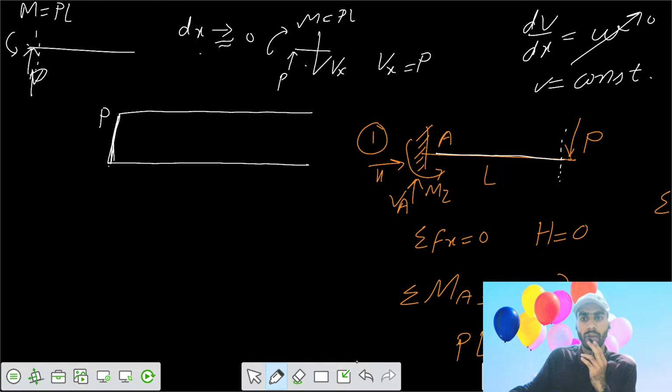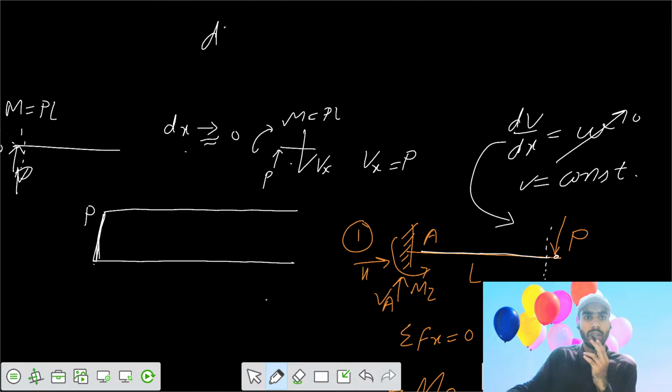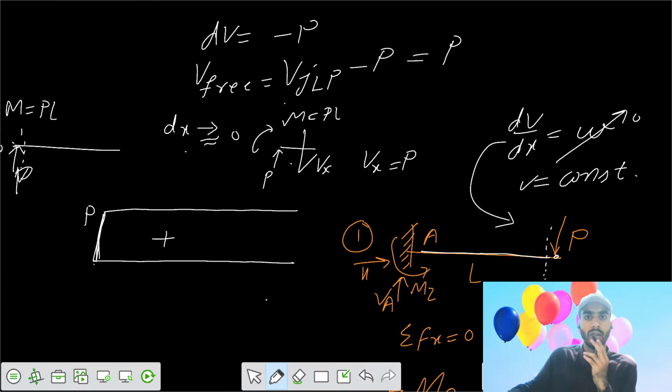Now at the point load, this condition is not valid. We can use the other condition, that the change in shear force equals minus P. Then the shear force at the free end equals the shear force just to the left of point load P minus P. The shear force just to the left of P was positive P, and minus P gives 0.